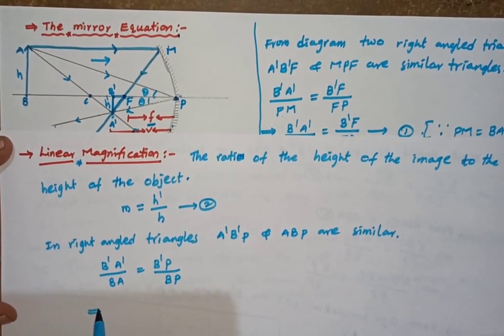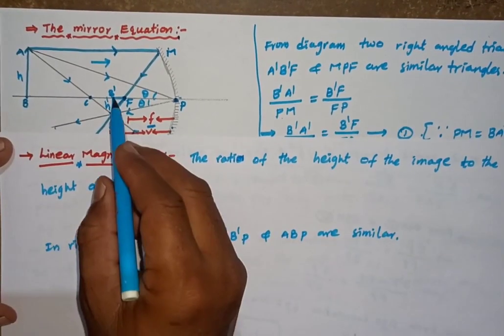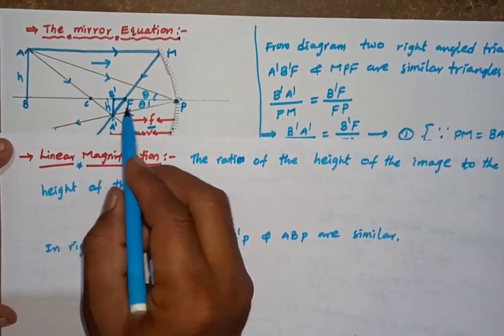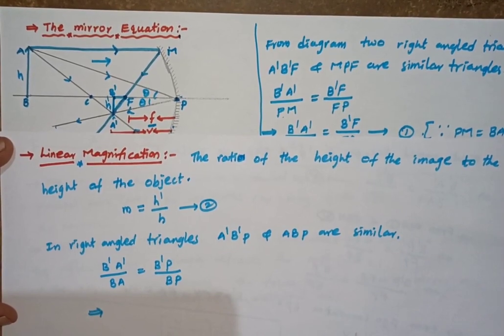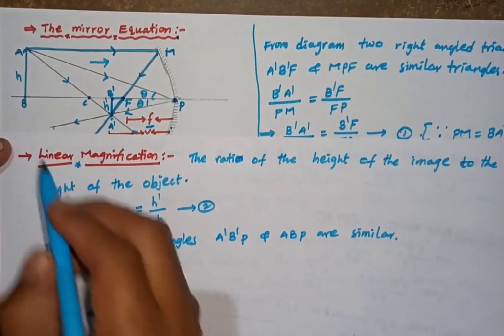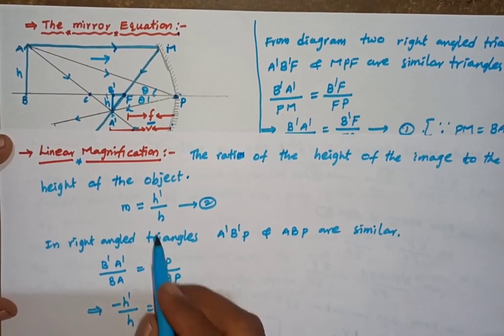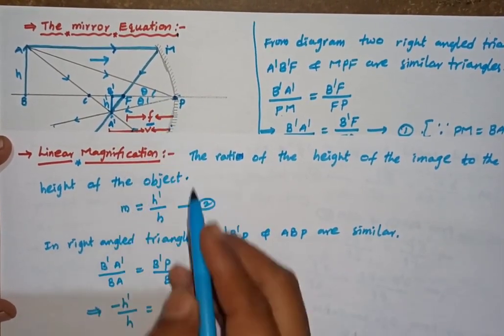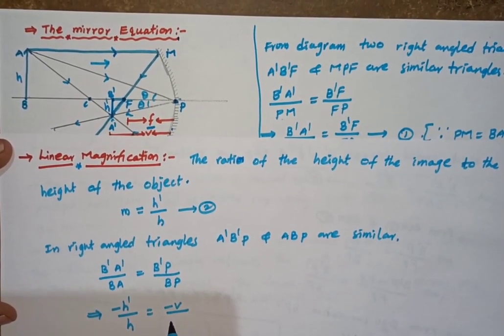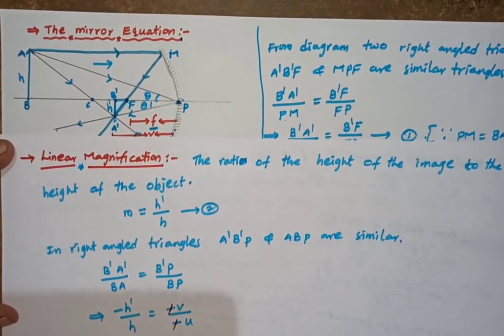Okay, here what is A'B'? The height of this image is taken downwards, minus h dash, by the upward direction it is positive, h, equals B'P, which is minus v, divided by BP equals minus u. So here negative negative gets cancelled.